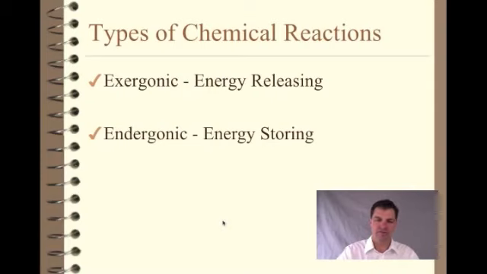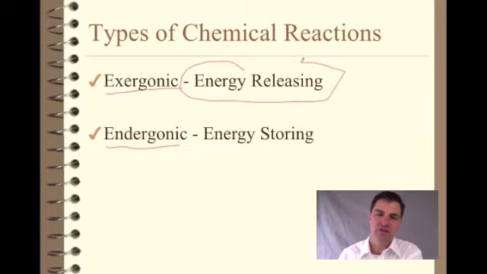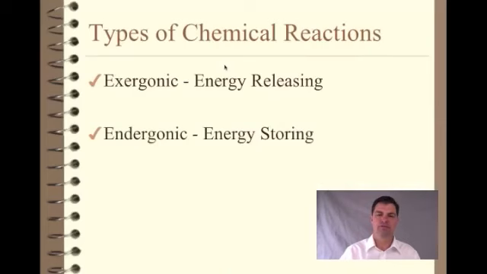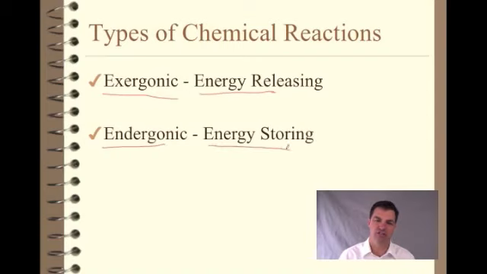We can also talk about chemical reactions as either being exergonic or endergonic. Exergonic reactions are energy releasing. When the reaction happens, energy is being released from the reaction. In an endergonic reaction, energy is being stored. When we eat food, for example, and we break it down, we're using the energy in the food.